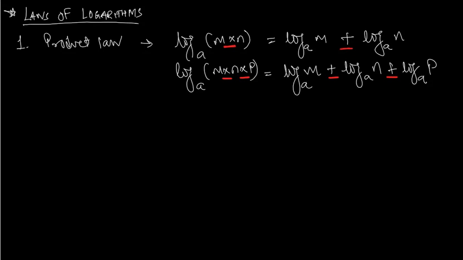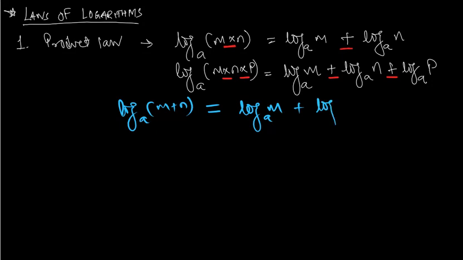Suppose you have got log of m plus n to the base a, and someone says that okay, this also will be log of m to the base a plus log of n to the base a, which looks very correct because there was a plus sign and you took log of both the numbers and you put a plus sign, so you just distributed logarithms between these two numbers. But this is in reality incorrect.